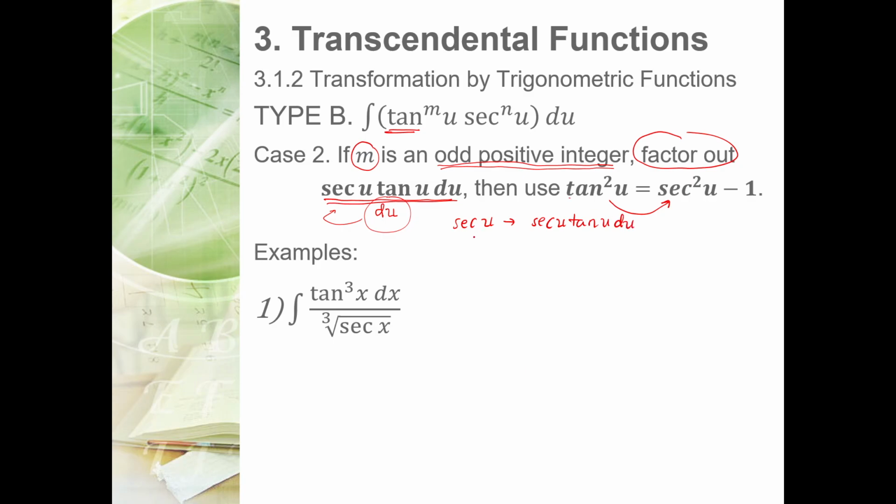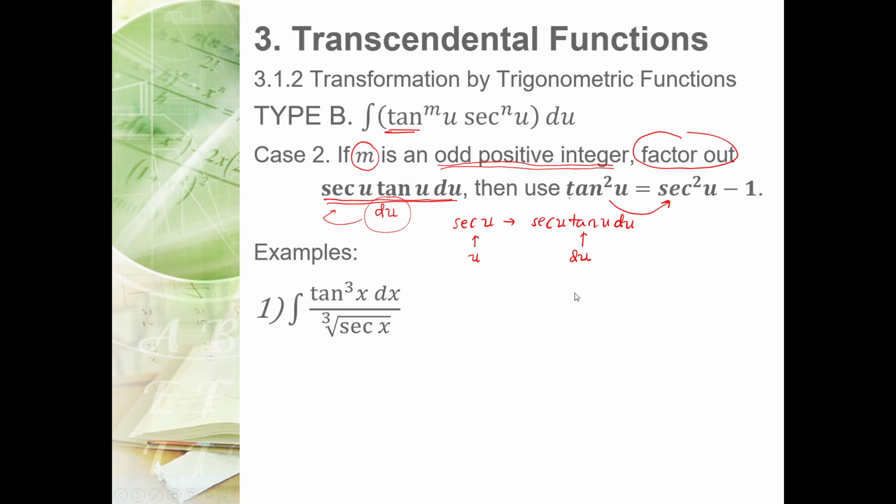So most likely this will be our u parameter in the example later, and this one is our probable du parameter, because du can shift with the simplification process, so it could be negative du, du over 2, 2 du depending on the u-sub process.